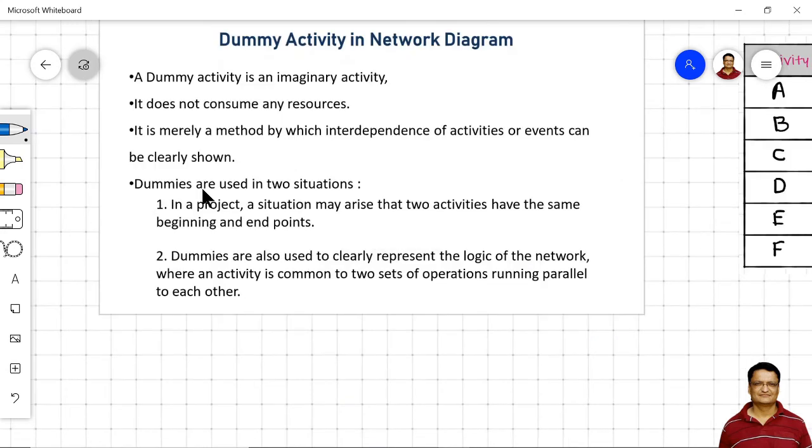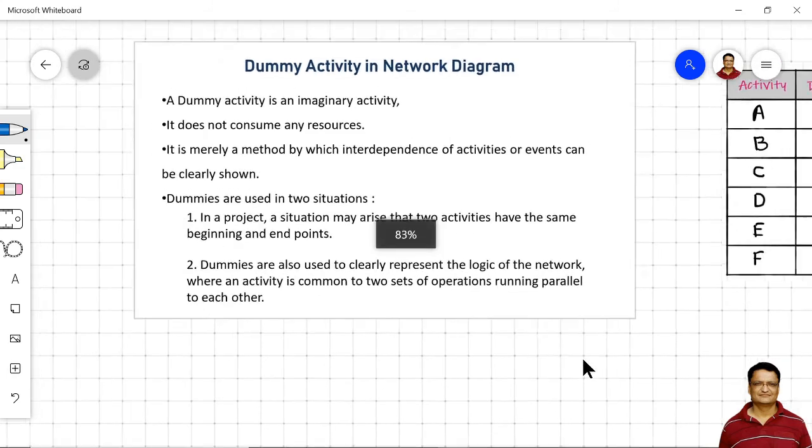Now, if you look at these points, dummy activities are used in two situations. The one is where in a project a situation may arise that two activities have the same beginning and end point.